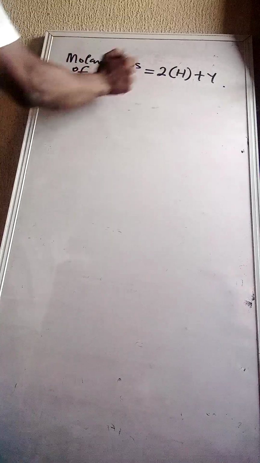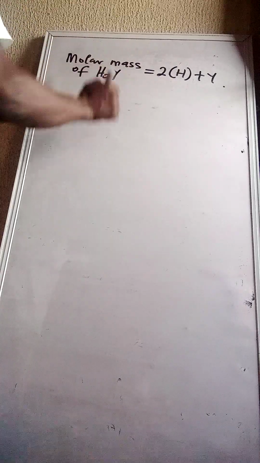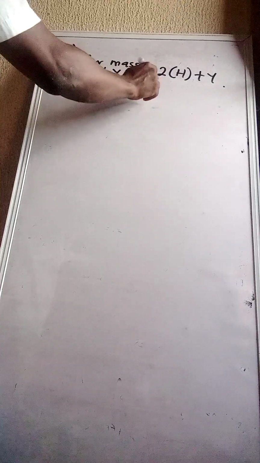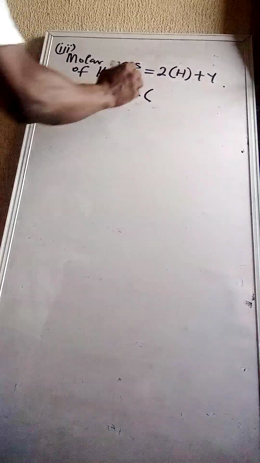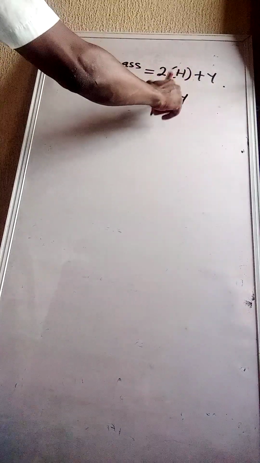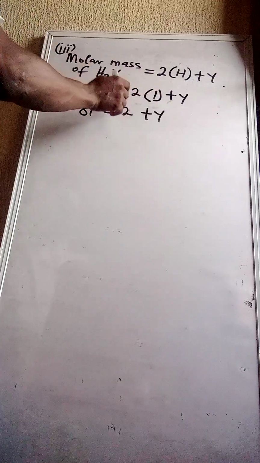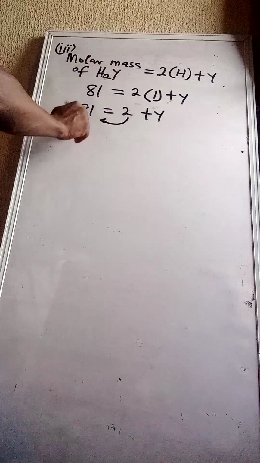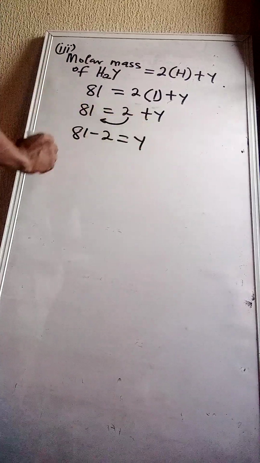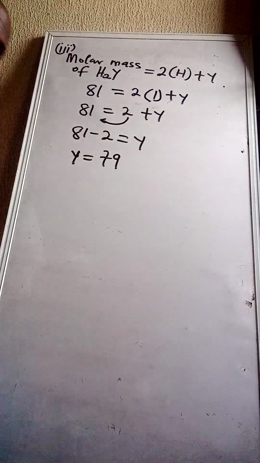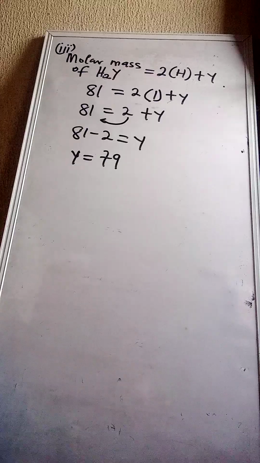And since the molar mass of this acid is 81, the one we just got in Roman figure 2, so this Roman figure 3 we are answering now. That means 81 equals 2 into bracket hydrogen has atomic mass of 1, then plus Y. So definitely 81 equals 2 plus Y. 2 will come to the other side. 81 minus 2 equals Y. So what will now be Y? That will be 79. That means the atomic mass of Y is 79.